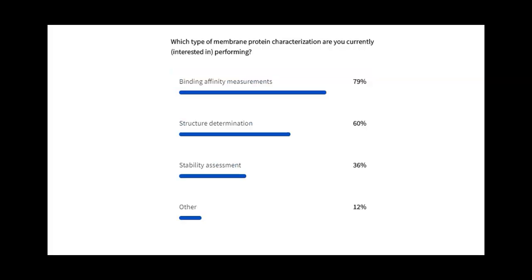So as we can see, we have a lot of different applications as expected, but out of the different proposals, we had structural determination, stability assessment, and binding affinity measurements. Most people, 80%, are interested in binding affinity measurements, which I'm very happy about, because that's the next topic we are going to touch on today.